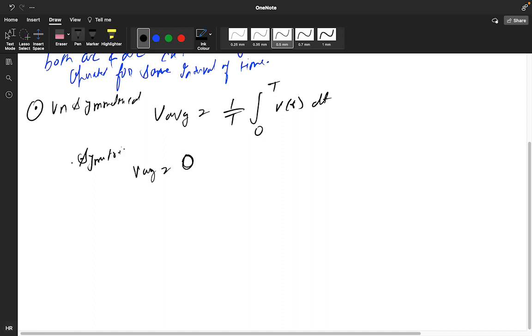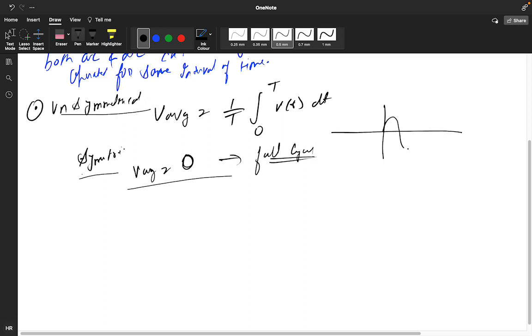So for an unsymmetrical network, V average is equal to 1 by T, integral from 0 to T, V of t into dt. For a symmetrical network you will get V average equal to 0 for a full cycle. How so? Suppose you have a sinusoidal wave. It continues like this: positive, negative, positive, negative.